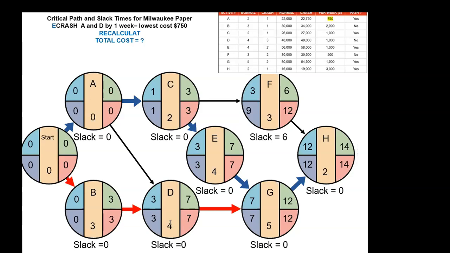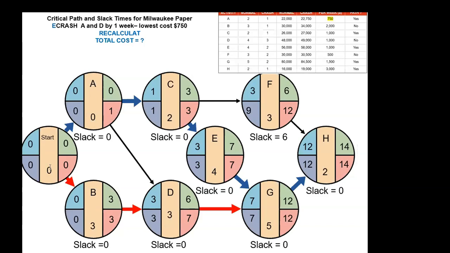And D reduced by 1. This is 3. 3 plus 3, 6. So I just updated the top part. 6. And we can update the bottom part. It has to stay, and we'll update it backwards.